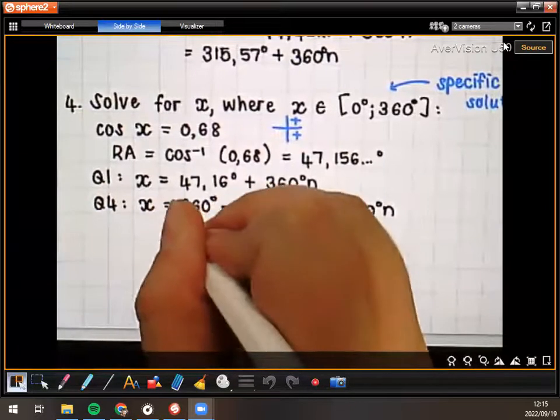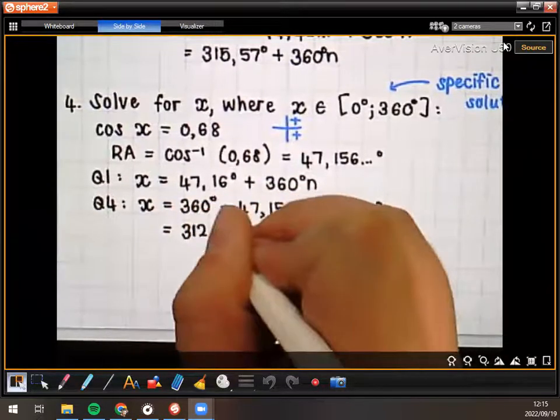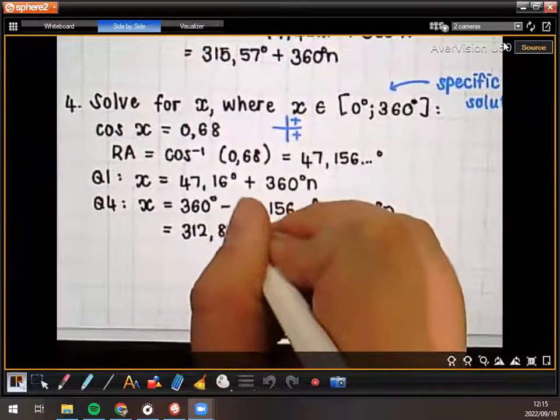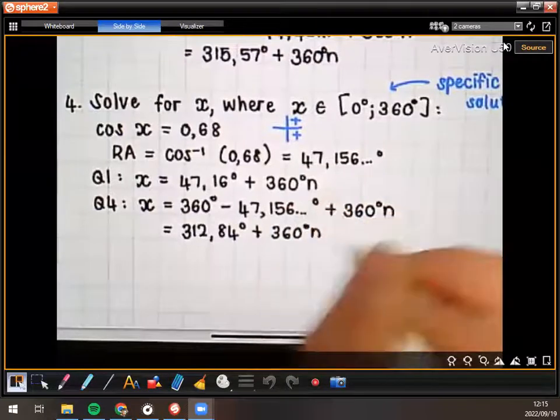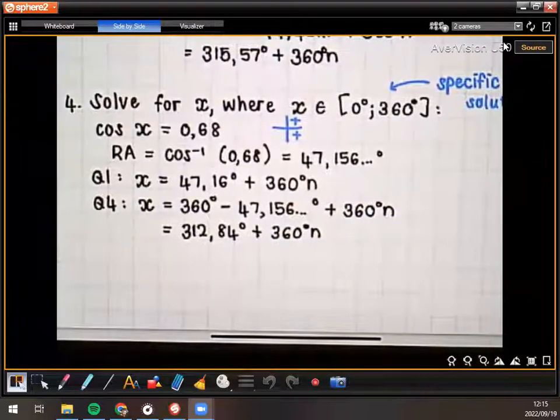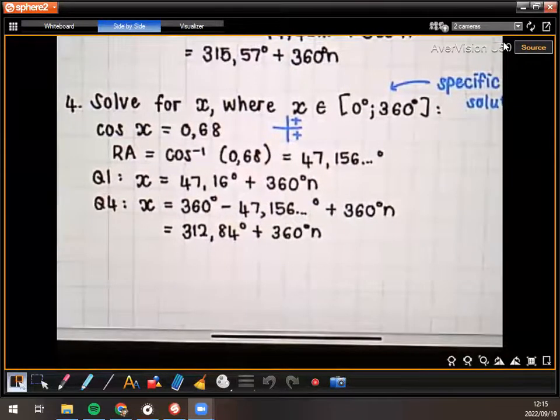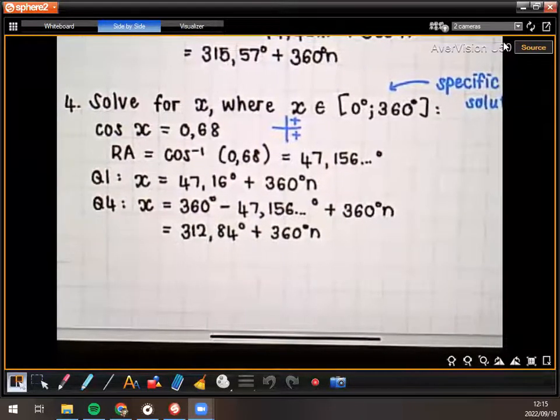So that gives me 312.84 degrees plus 360n. Same method, guys. Even though they've asked for specific solutions, we have to get the general solutions first and then use those two solutions to find our specific solutions.